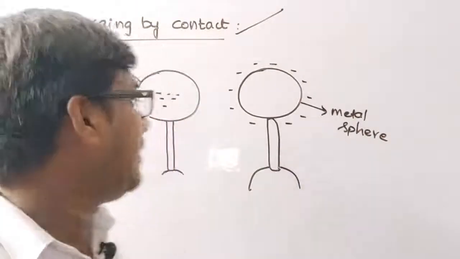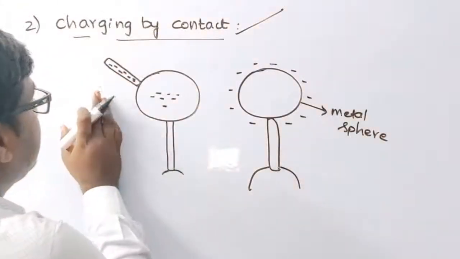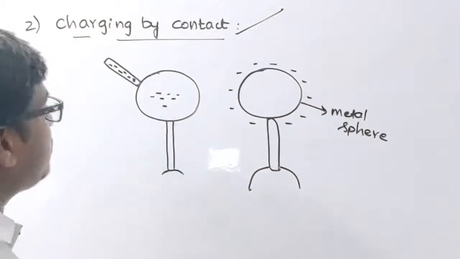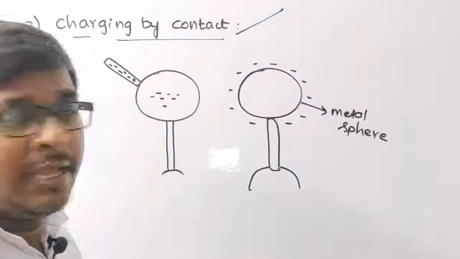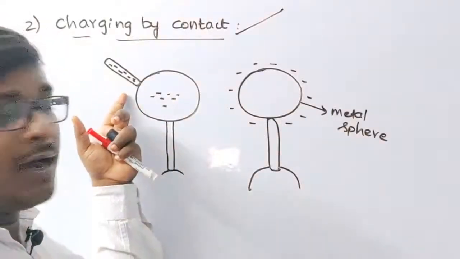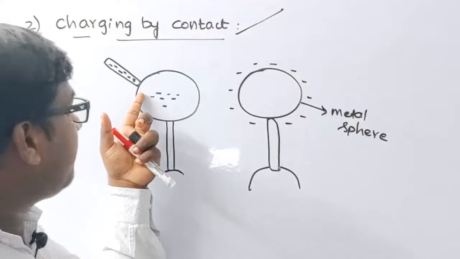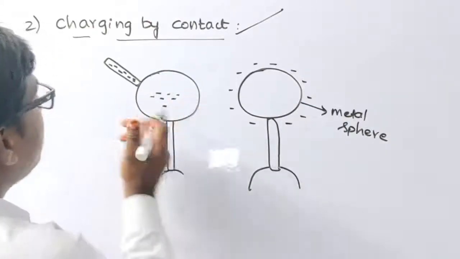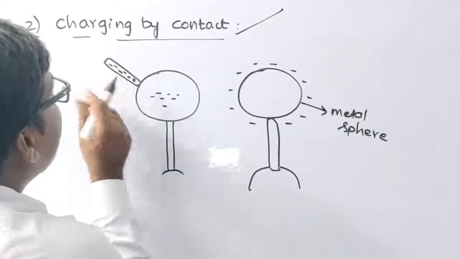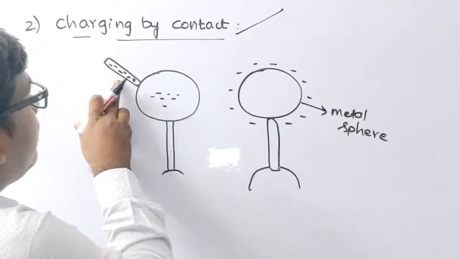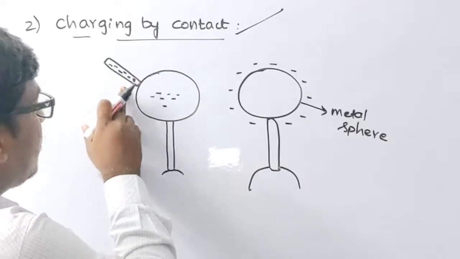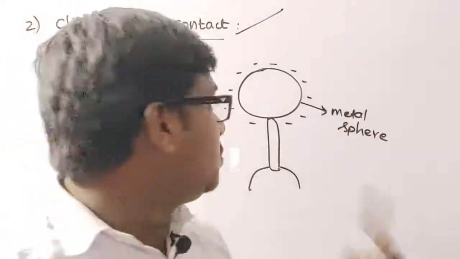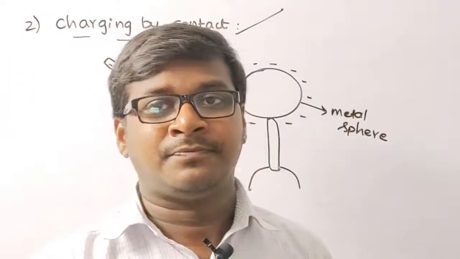Okay, very simple thing. First of all, let us consider, take two types of bodies. The first one is the ebonite rod. When an ebonite rod is in contact with, or rubbing, a metal sphere, what happened? The excess electrons are transferred from the rod to the metal sphere.